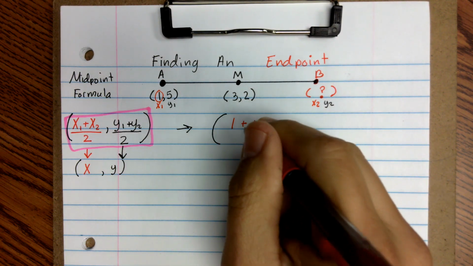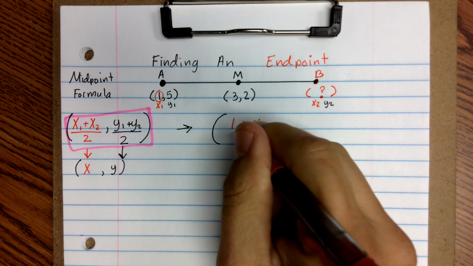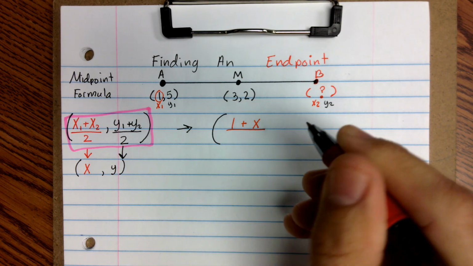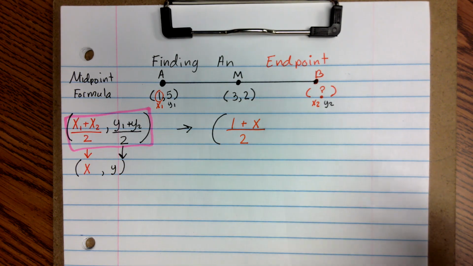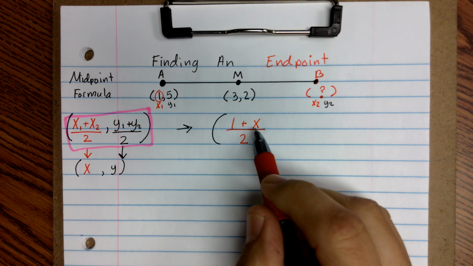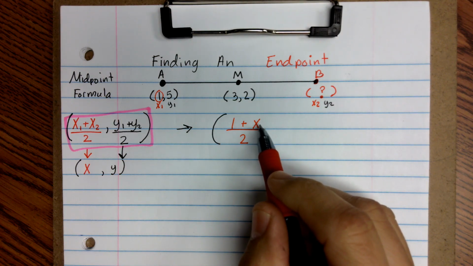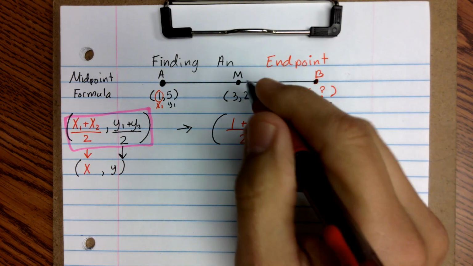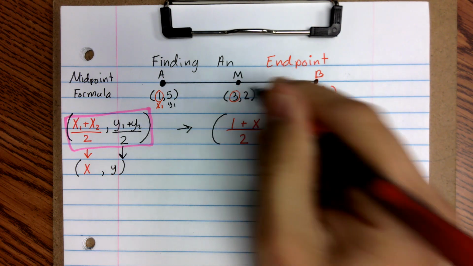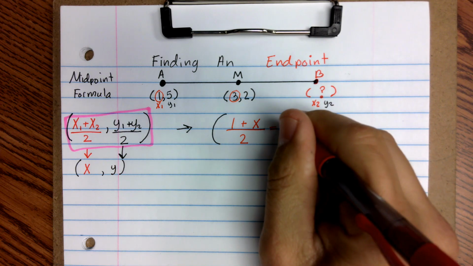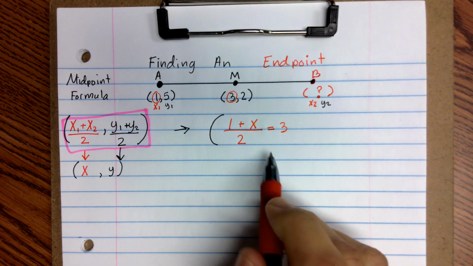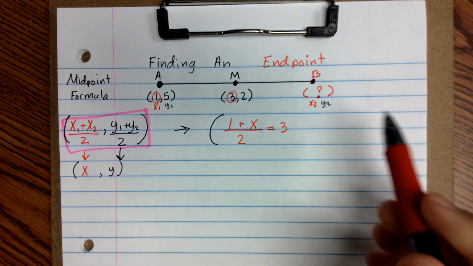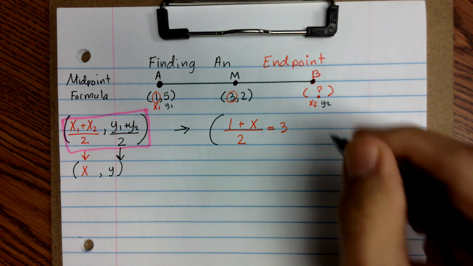And then this is going to be over 2. And now I know what this is equal to. I know if I knew the number for X and I did this process, it would be equal to 3, which is my midpoint value for X. So I'm going to put a 3 right there. So I need to solve this equation here to figure out what the endpoint is.